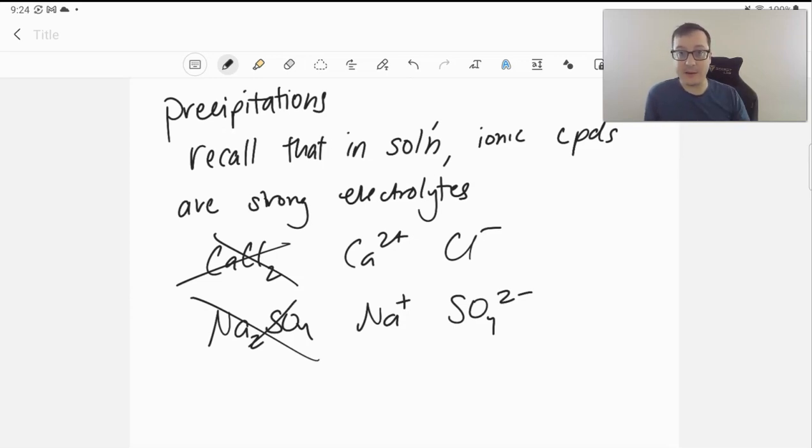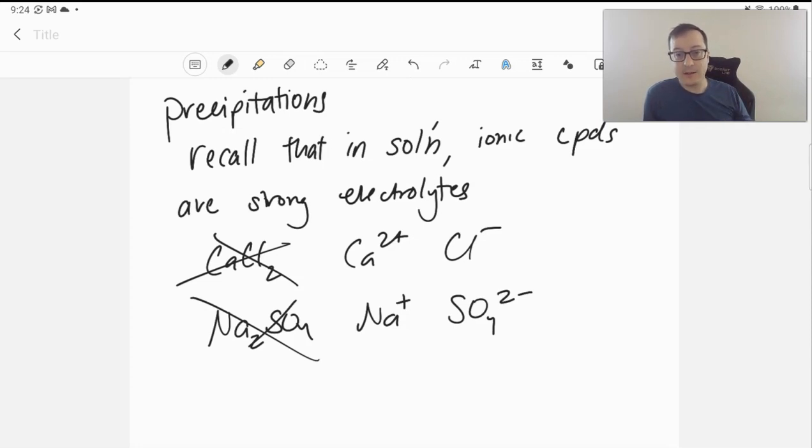So let's look at calcium first. If calcium is bound with chlorine, that should be soluble, right? We know chlorides are soluble. Calcium is not an exception. So that's good. If calcium binds with sulfate, that is something that is insoluble. So we'll remember that. Let's just double check the rest of it, because sometimes you'll have two precipitates.